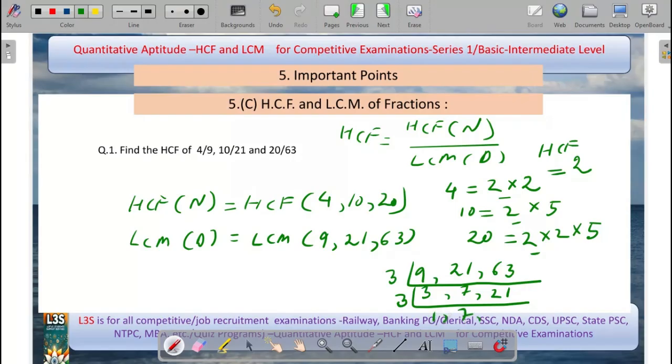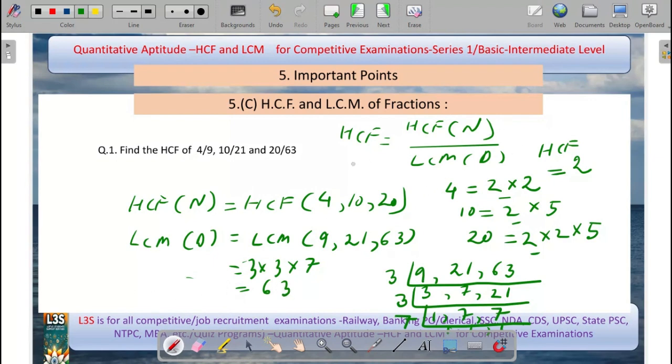So the LCM will be 3 into 3 into 7, that is 63.